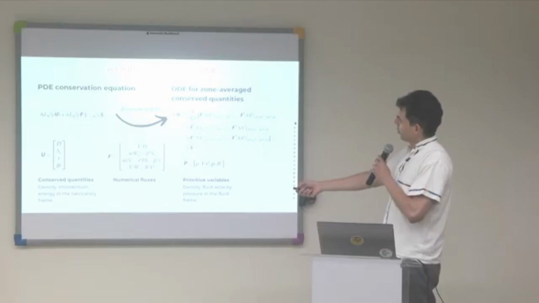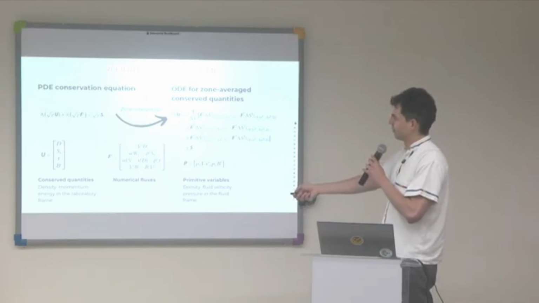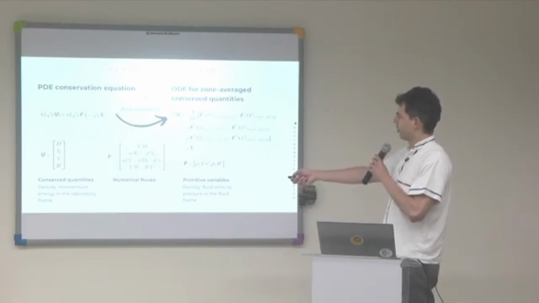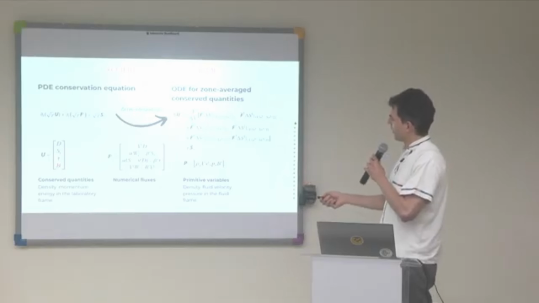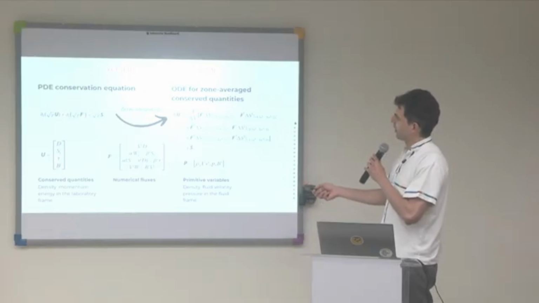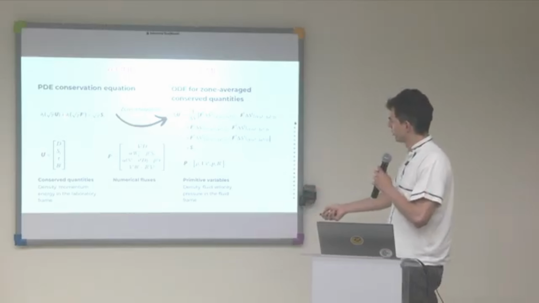By doing this, we classify variables into different sets. We are evolving the set of conserved quantities, which are number density in the coordinate frame, covariant momentum, which is related to the energy of the flow, and the magnetic field. And we have numerical fluxes that tell us how the conserved quantities will flow from one region to another.